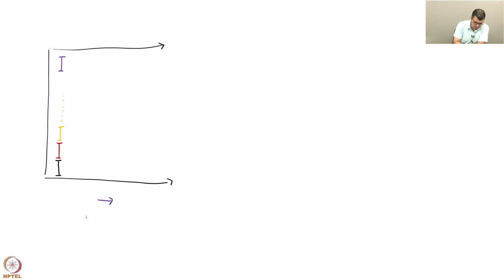So this is the number of jars and this is the population going from 0 to n.